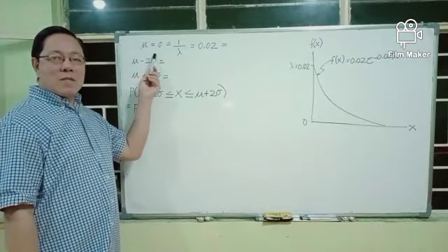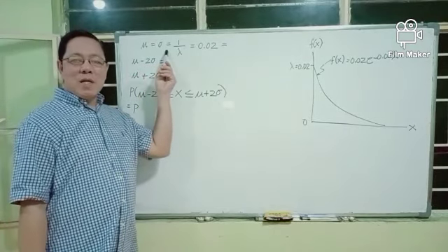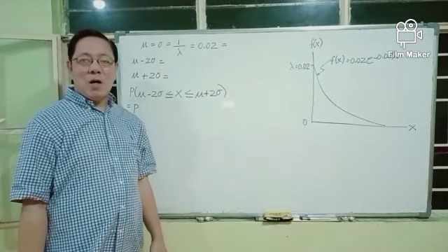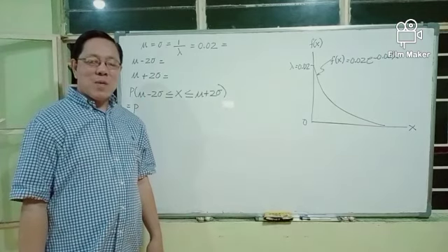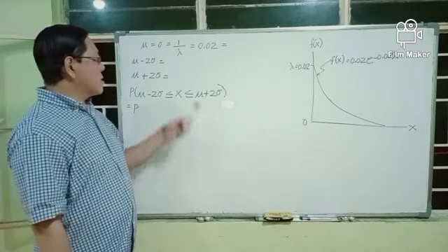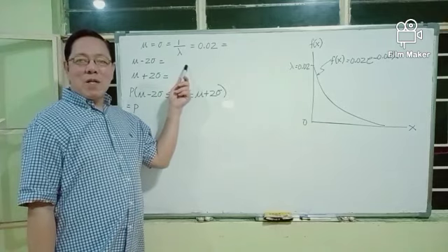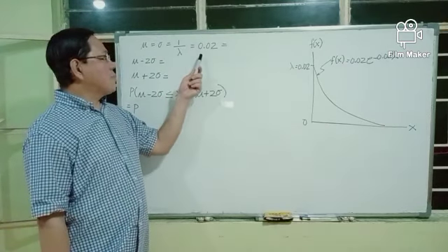Mu equals sigma for the mean and standard deviation of the exponential random variable x, and both are equal to 1 over lambda, where lambda is 0.02.